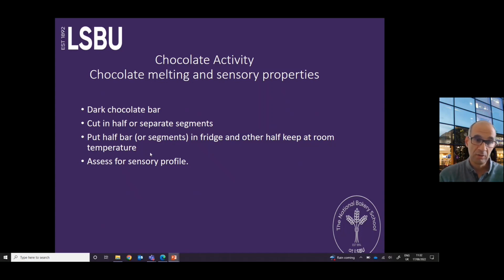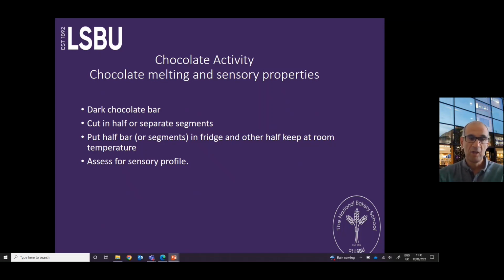Ideally it should be a dark chocolate, but you can do that with any chocolate really. It's just that the stronger the flavor, the easier it will be to detect differences. So you cut the chocolate in half or separate it in segments. Half of your chocolate will be kept at lower temperature, maybe in a fridge or in a freezer, and the other half at room temperature.